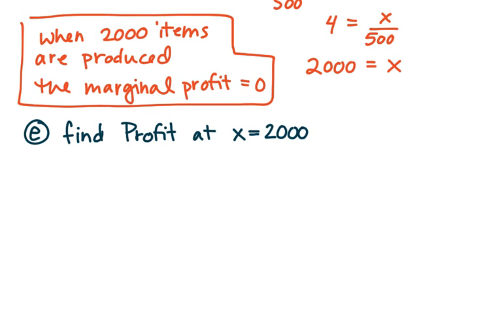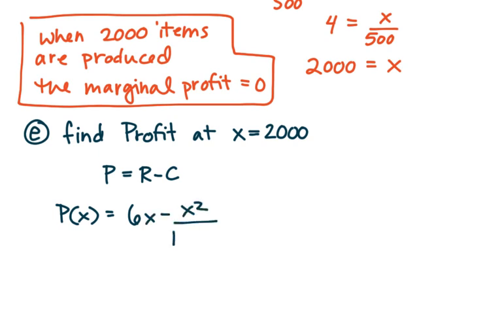But in order for me to solve this last piece, I need to determine that, again, remember, profit equals revenue minus cost. My profit function, P of X, is going to equal revenue, which was given as 6X minus X squared over 1,000, minus my cost function, which is 2X.